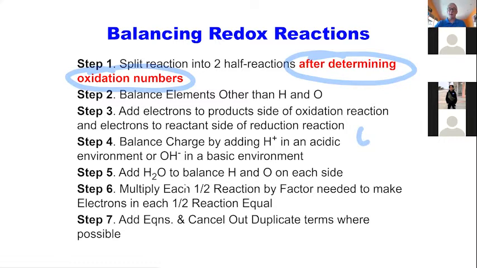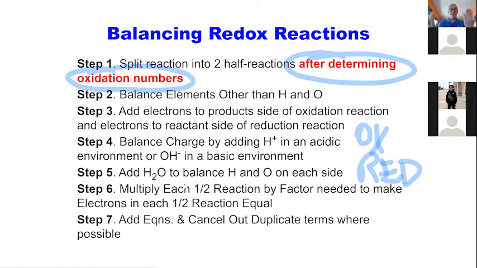One would be the oxidation, where an element is increasing its oxidation number going from reactant to product, and the reduction reaction, where an element decreases its oxidation number. That's why we call it a reduction. Its oxidation number is reduced. So it goes down between being a reactant and being a product.